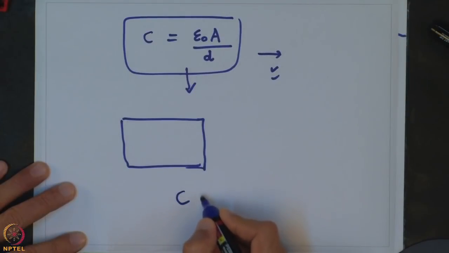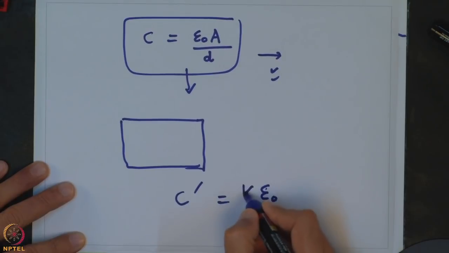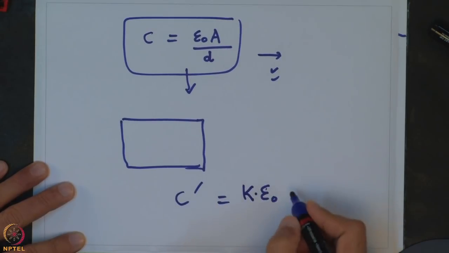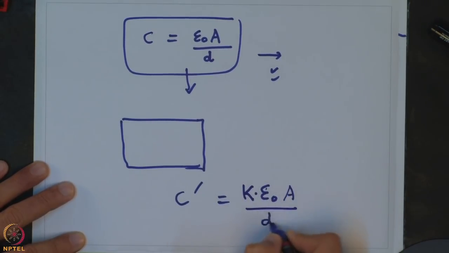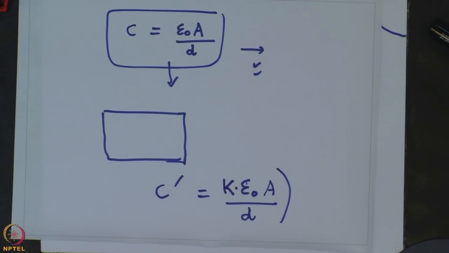So your capacitor now becomes C dash equal to epsilon naught multiplied by a dielectric constant K into A by D. So if you see this expression K epsilon naught A by D, it is K times C, which was the original capacitance with air as dielectric.